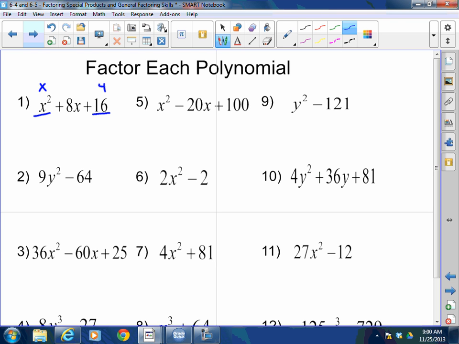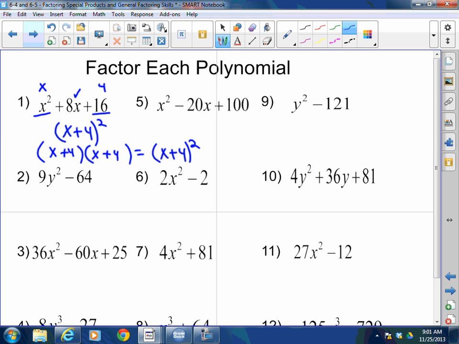What's x times 4 times 2? 8x, it works. So this is x plus 4 squared. Or you could have gone the long way. What times what is 16 but when added together is 8? It's plus 4 plus 4. And doesn't x plus 4 times x plus 4 equal x plus 4 squared anyway?